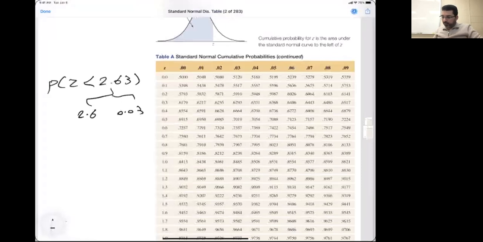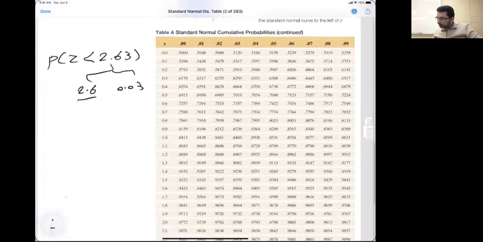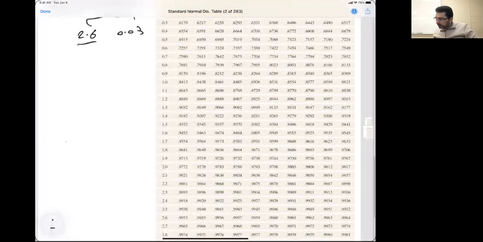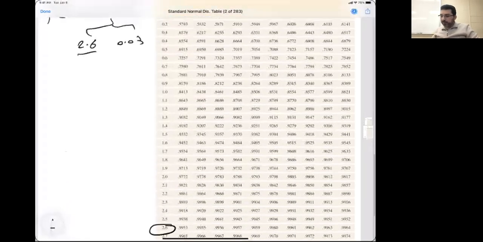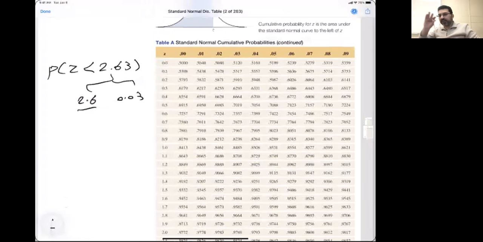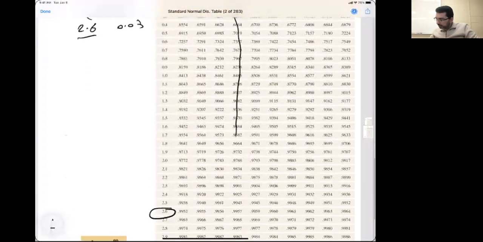We find 2.6 in the first column, down here, as you can see. And the 0.03 we find in the first row. So the intersection between this row and this column gives us the area to the left of 2.63.